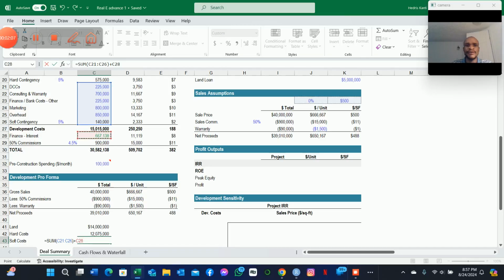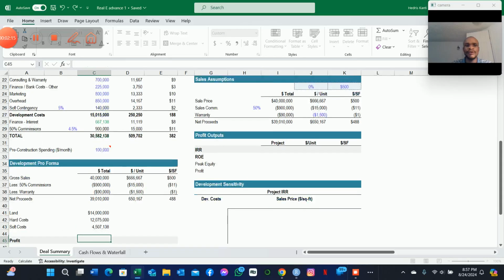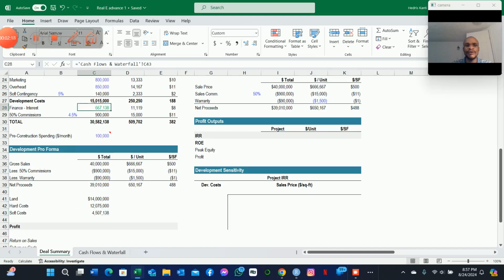So we add that, and we also add the commissions at the time. So we have that in place.